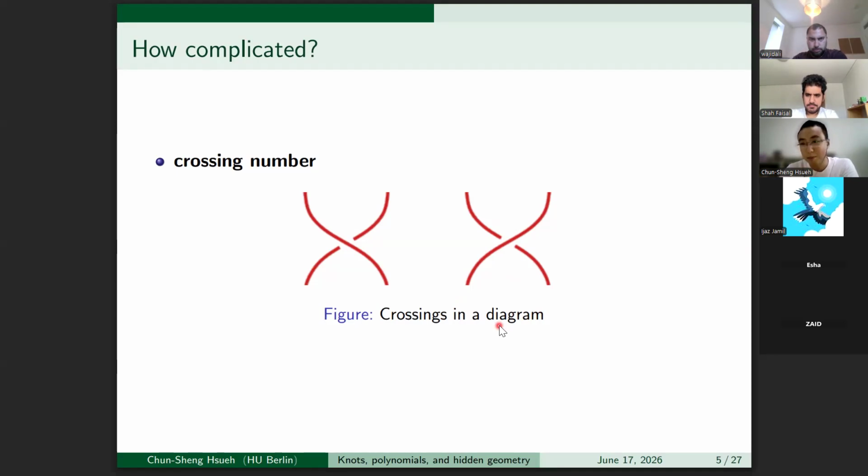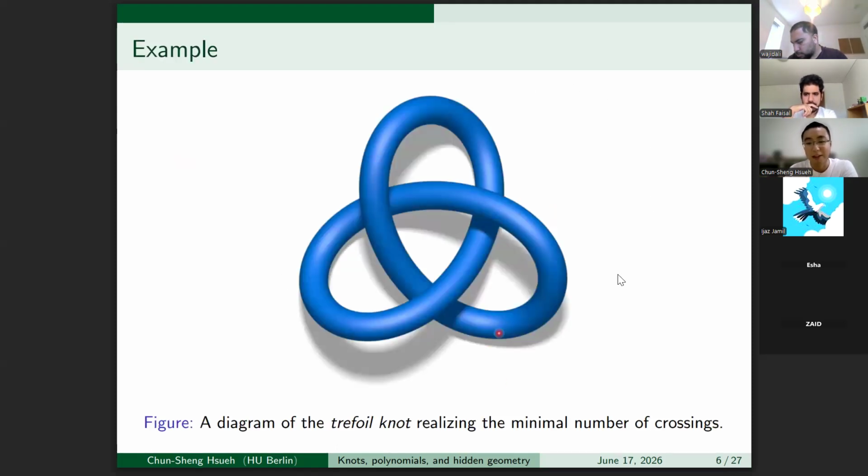So the crossing number of a knot is defined as the minimal number of crossings among all the diagrams of that knot. This is easy to define, but can be very hard to calculate because you have to consider the minimum over all diagrams.